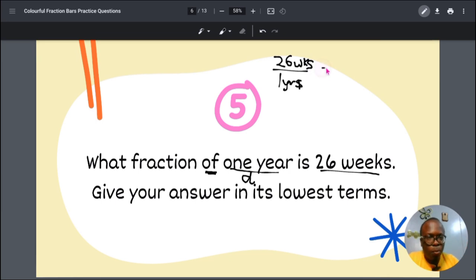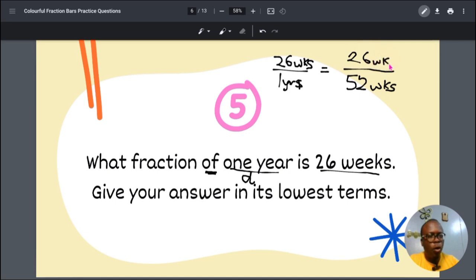So this will mean that 1 year will be changing. How many weeks make 1 year? That is 52 weeks will make 1 year. And right at the top we still have our 26 weeks intact.